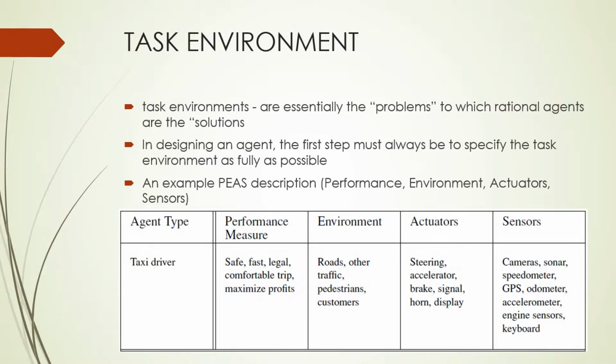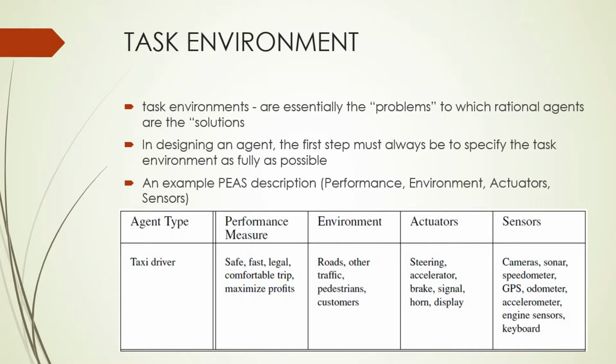That is, we come up with a performance measure, what is expected of the agent, and the environment, the actuators that need to be there to satisfy the environment and the performance, and the kind of sensors that are needed to feed the system. This table is a simple way to describe the task environment.